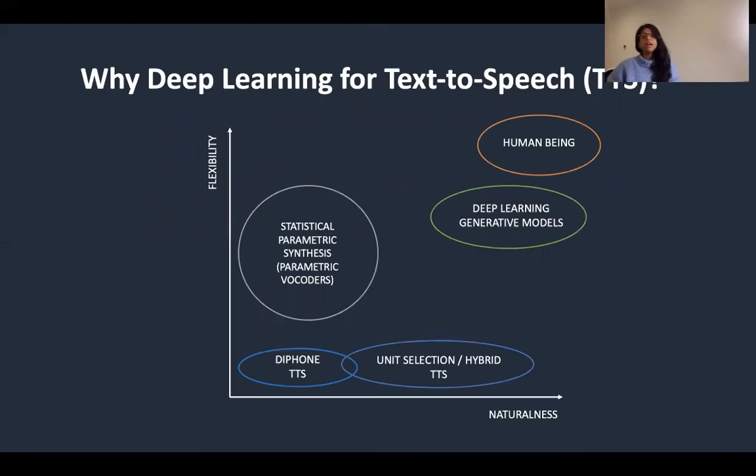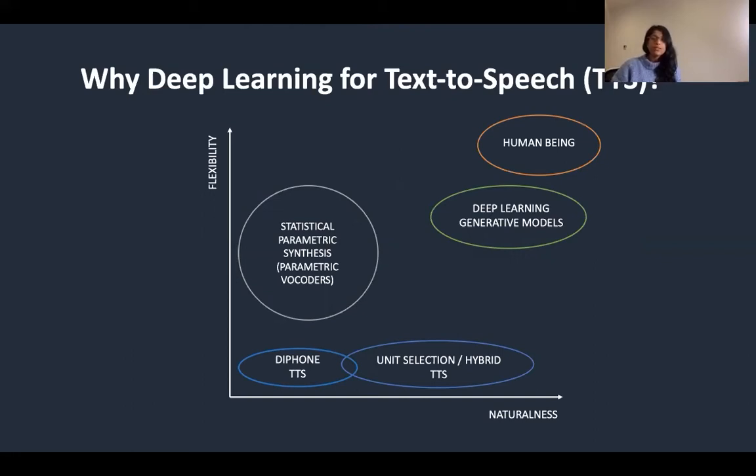So to get a brief understanding of text-to-speech systems, there are two axes on which they are measured against, which is naturalness and flexibility. And to give a brief background, before 2016, there used to be two kinds of approaches.